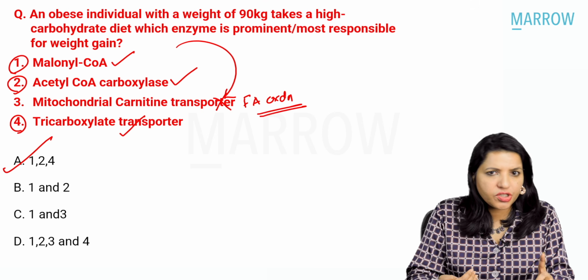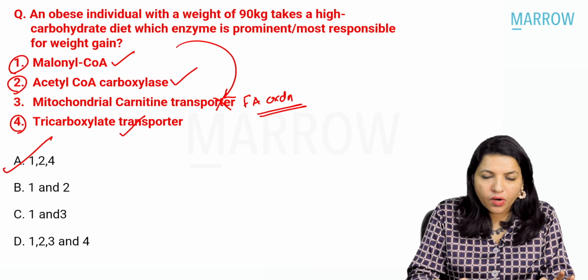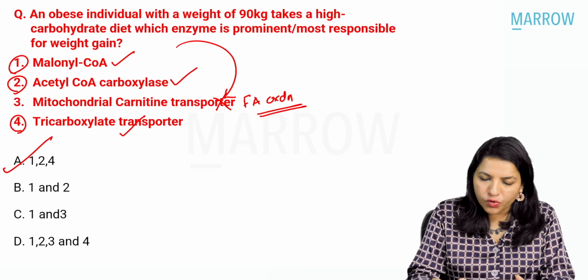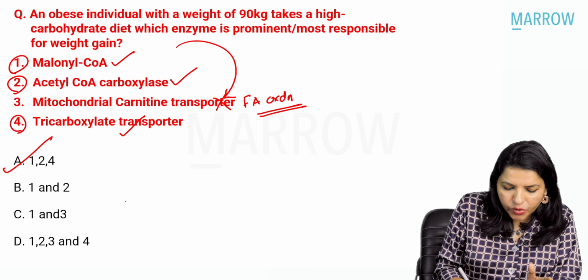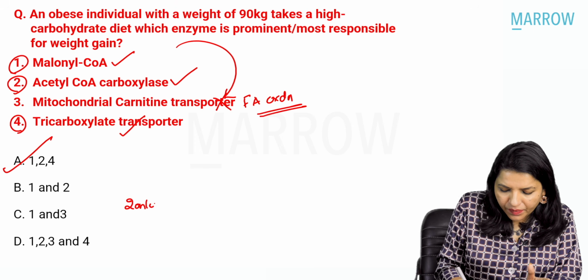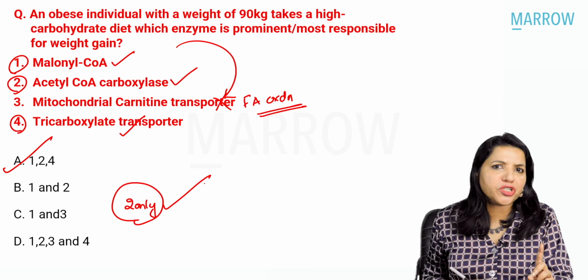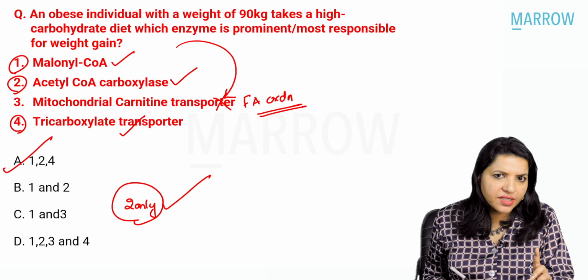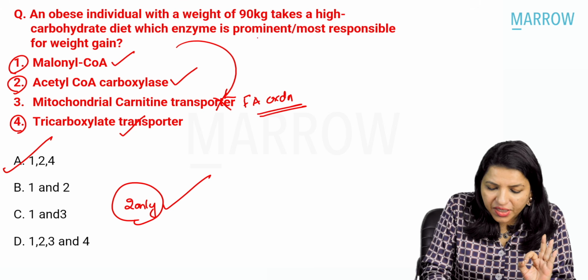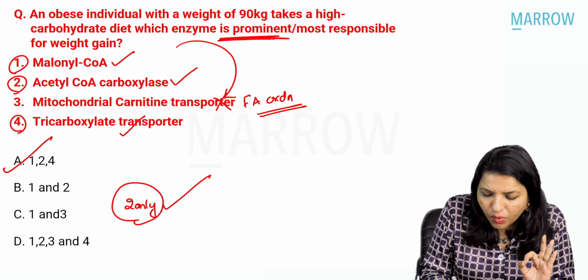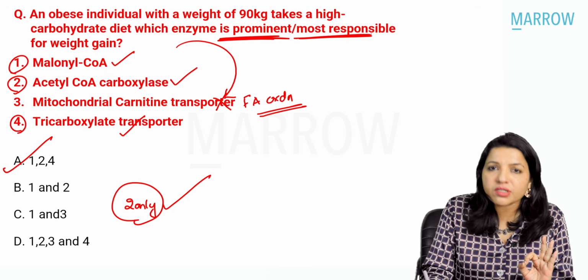But I have a suggestion for you. If the options were 1, 2, 4 and one of the options was 2 only, I will take 2 only as the answer, not 1, 2, 4. The reason is the rate limiting enzyme. See, this is the most prominent enzyme, most responsible.